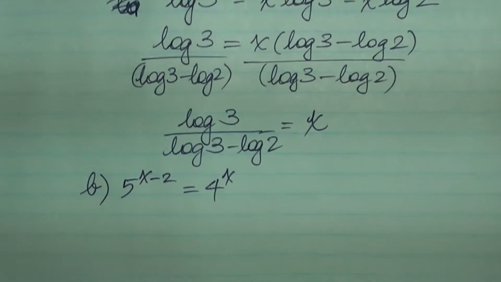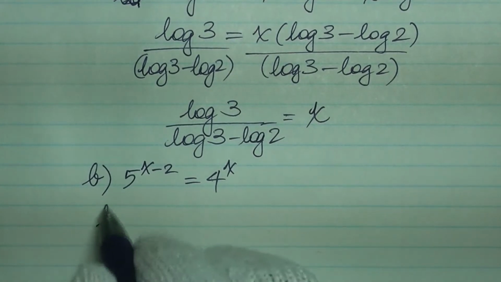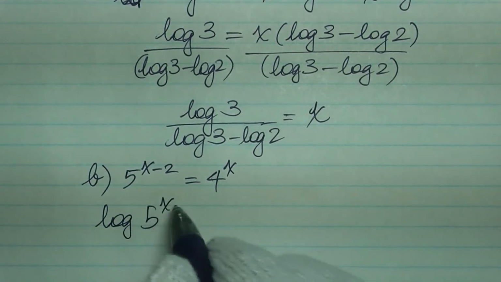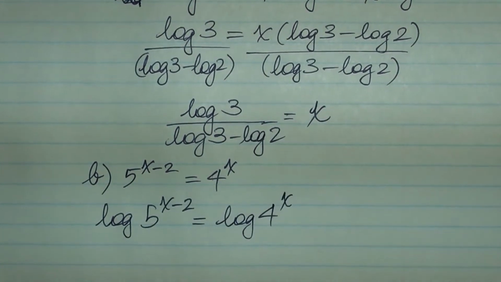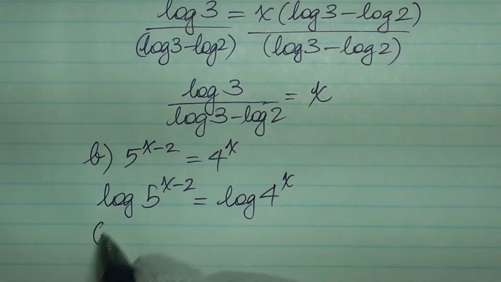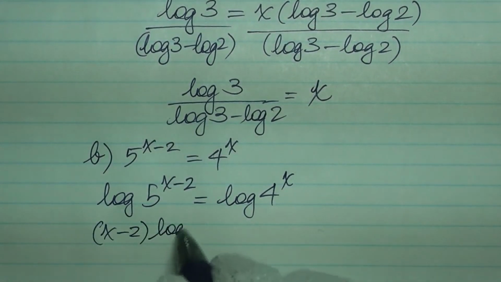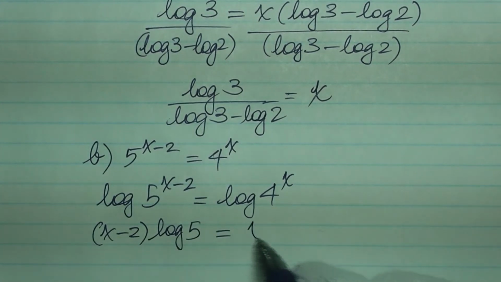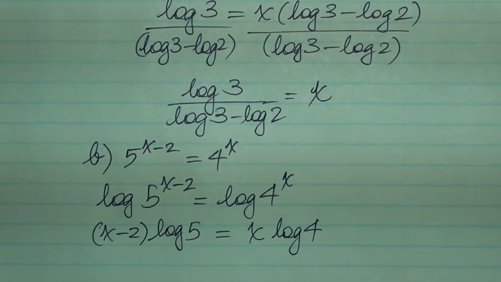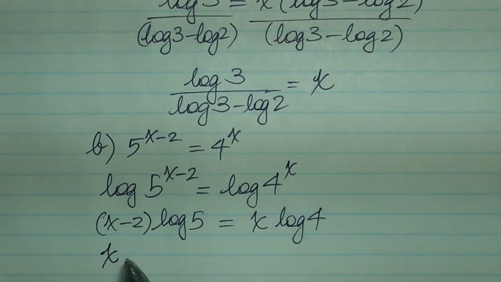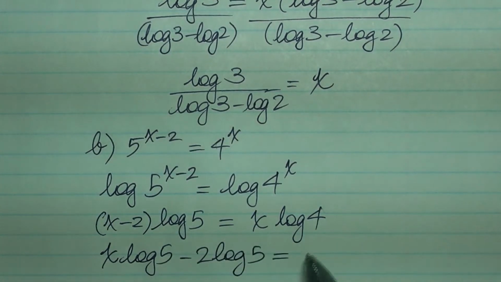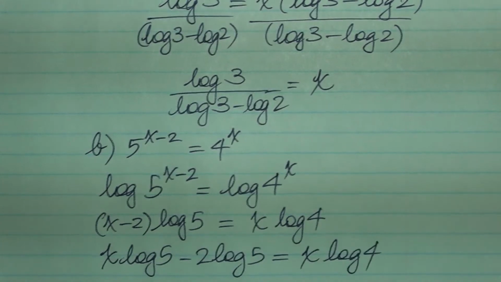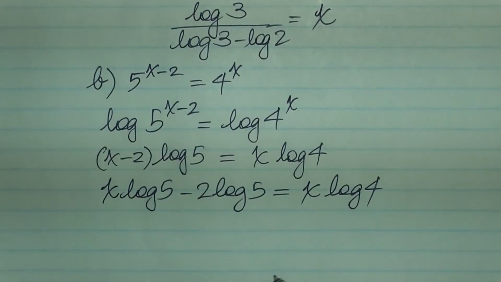I'm going to use the same strategy here. I'm going to take the log of both sides. On this side, I'm going to get x minus 2 log 5, x times log 5 minus 2 log 5 equals x log 4.